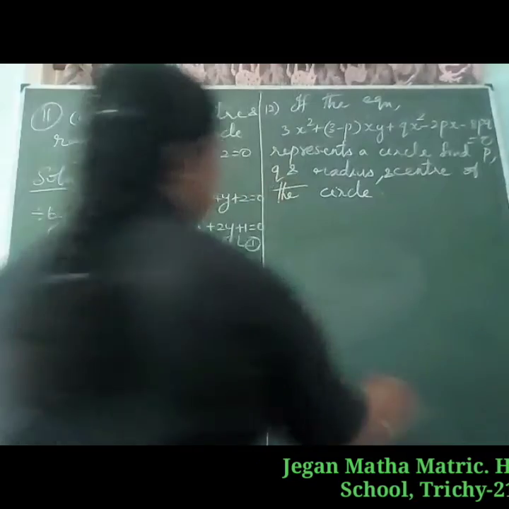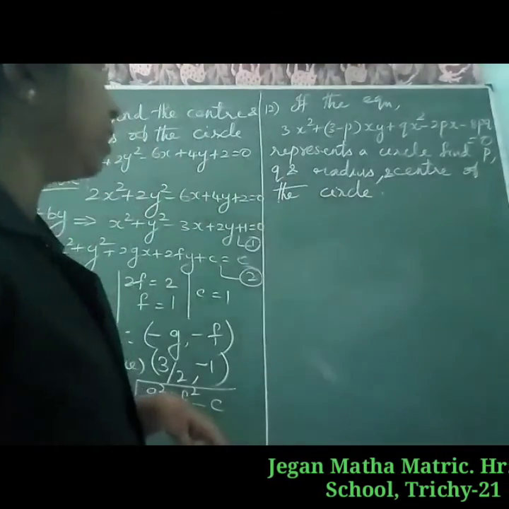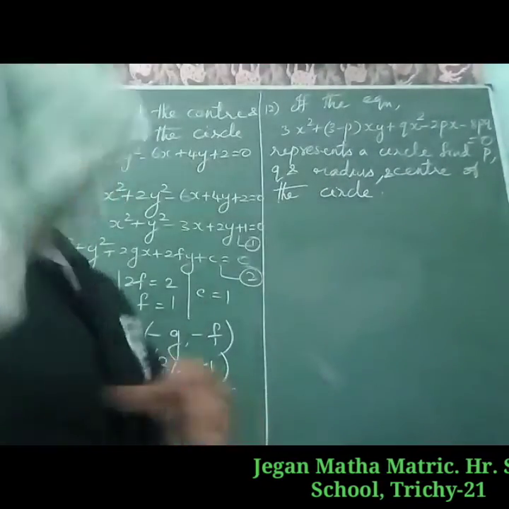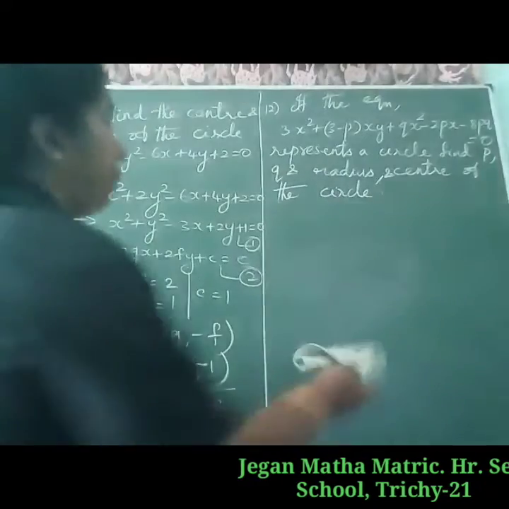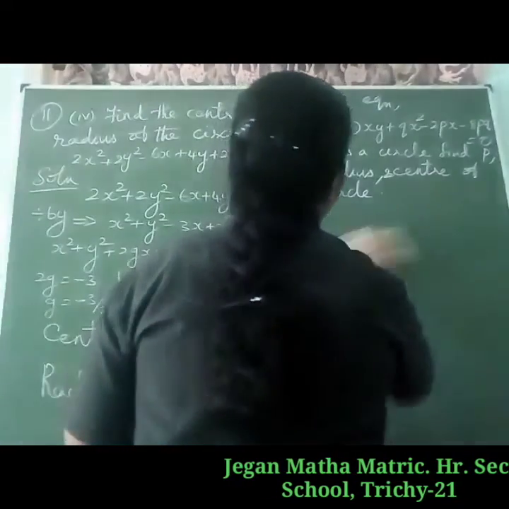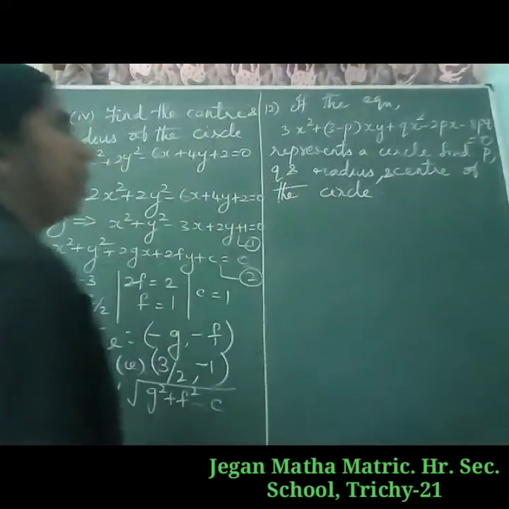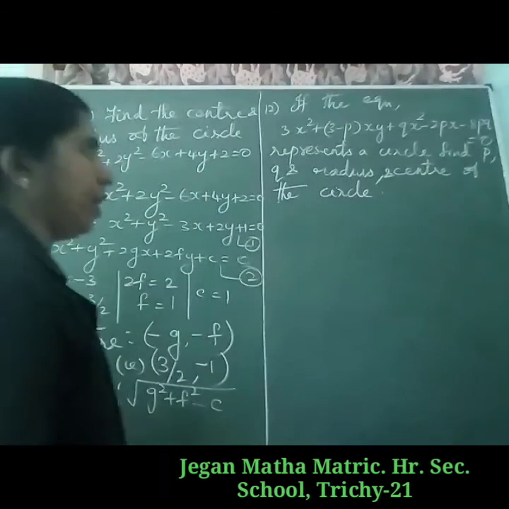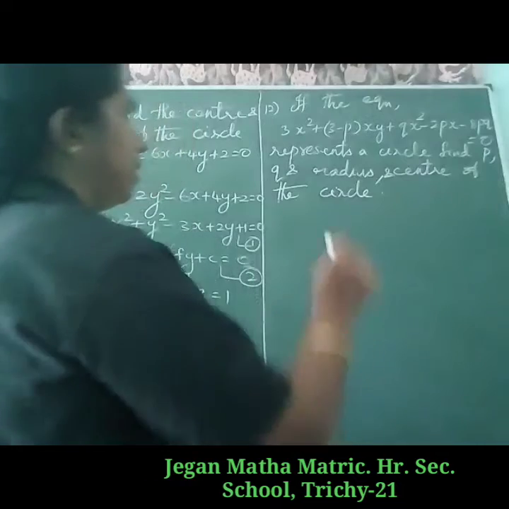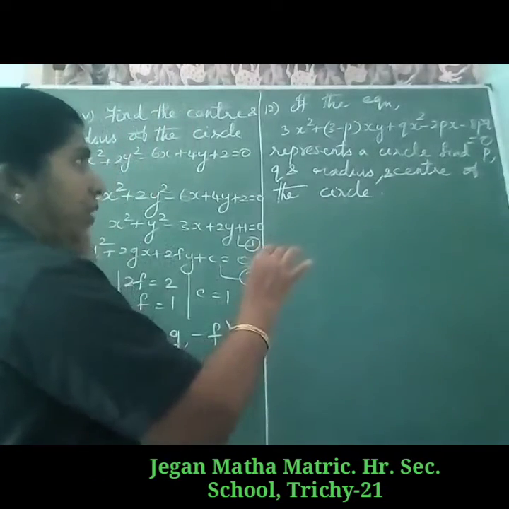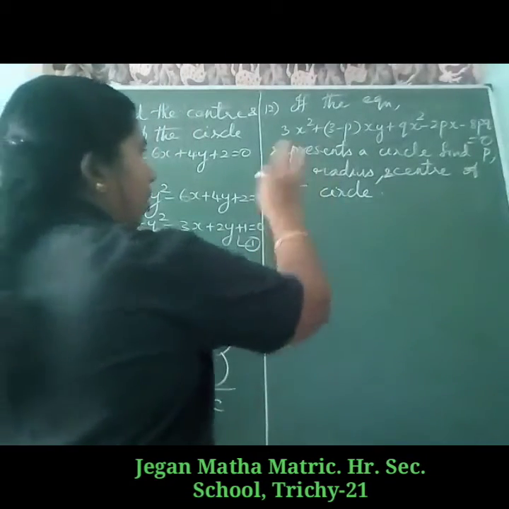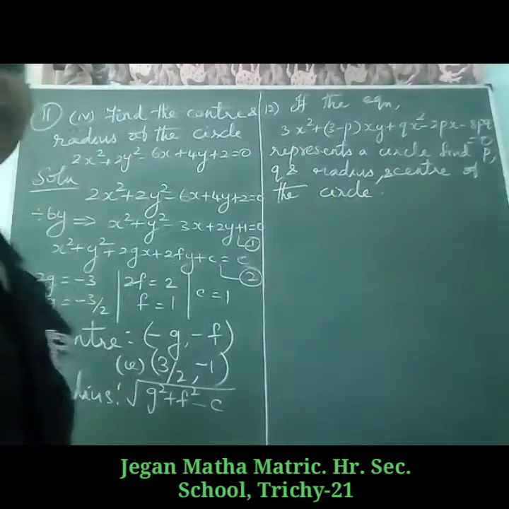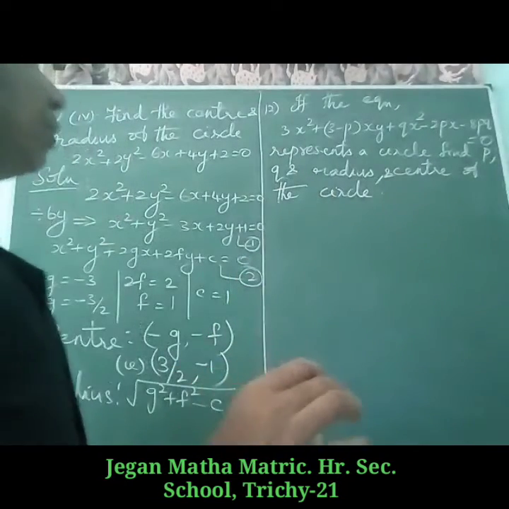Now the next question is, if the equation 3x square plus (3 minus p) into xy plus qy square minus 2px minus 8p² equal to 0 represents a circle, we have to find out the value of p, q, radius and center. 4 different answers we have to find out.